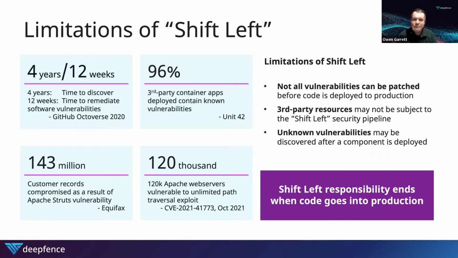This has tripped up organizations such as Equifax, who were impacted by the Apache Struts vulnerability a few years ago. And although they moved to patch their applications as they moved into production with code that resolved that vulnerability, they did not go back and look at in-production applications at that time.